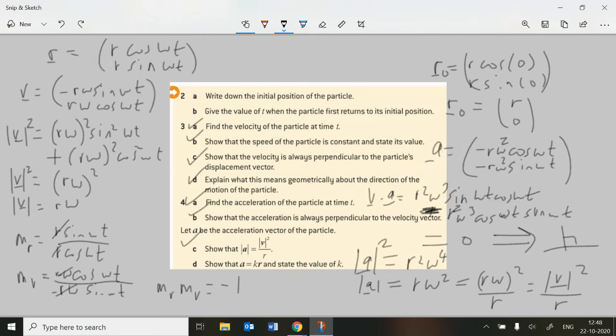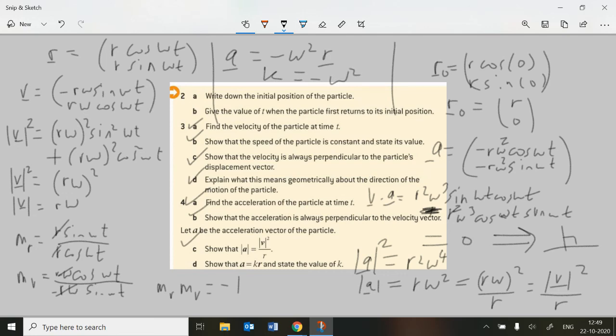So you can see quite easily for that last one that we've got a is equal to minus ω squared times your displacement vector. Okay, so k is equal to minus ω squared.